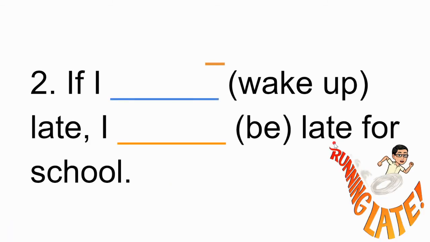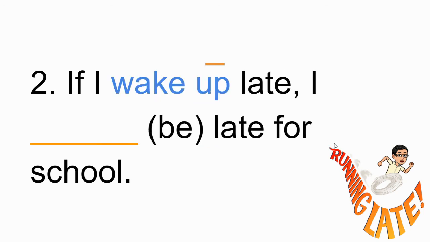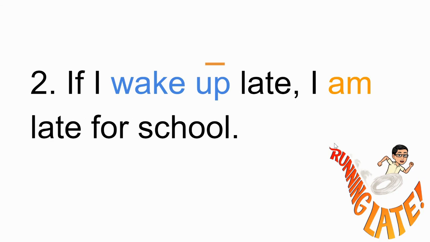If I blank wake up late, I blank be late for school. What form of the verb will we use in the if clause? Great! The answer is wake up. How about in the main clause? Very good. The answer is I am late for school.